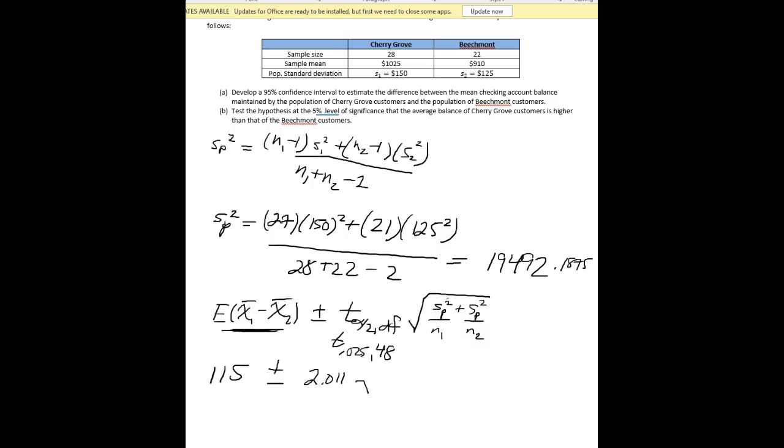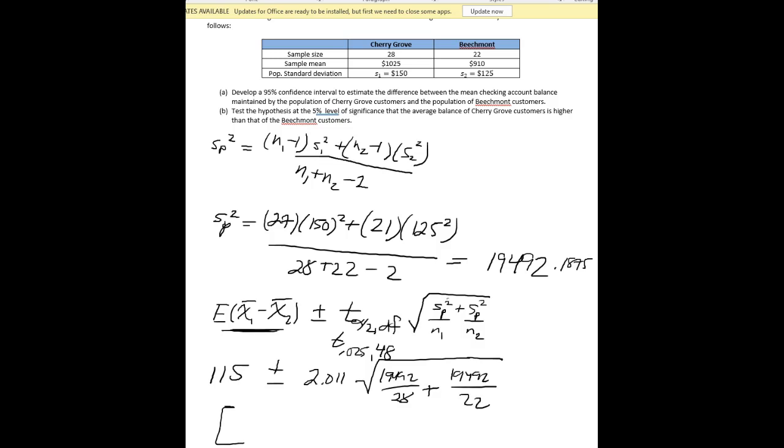Okay, and then times the square root of 19,492 over 28 plus 19,492 over 22.